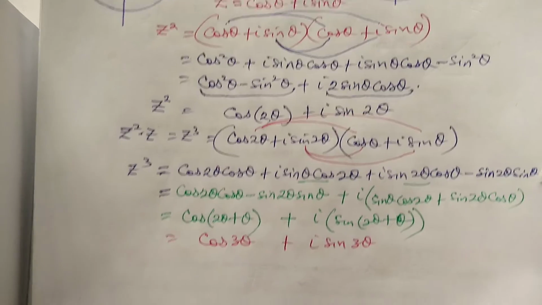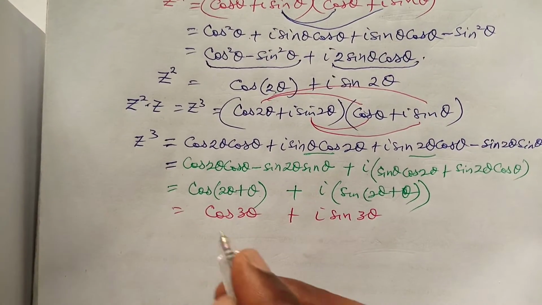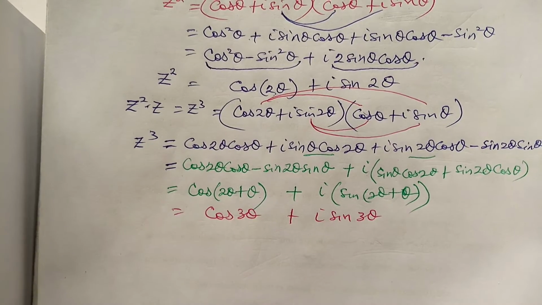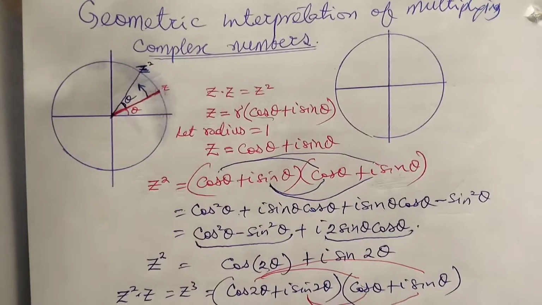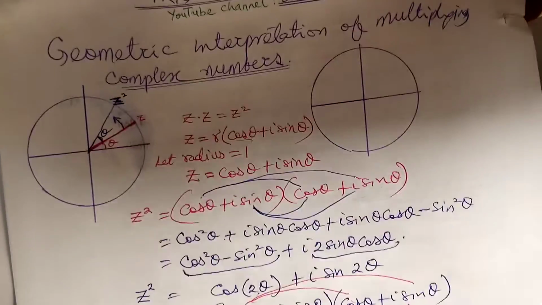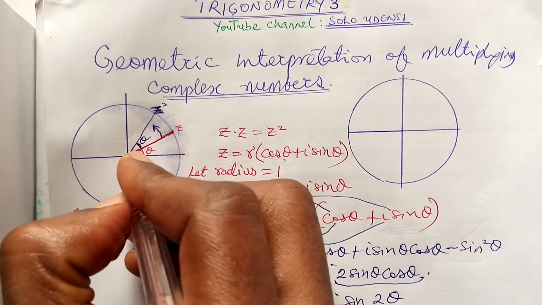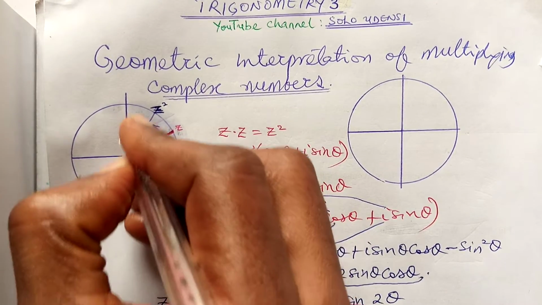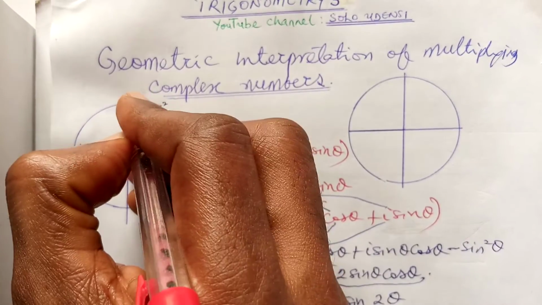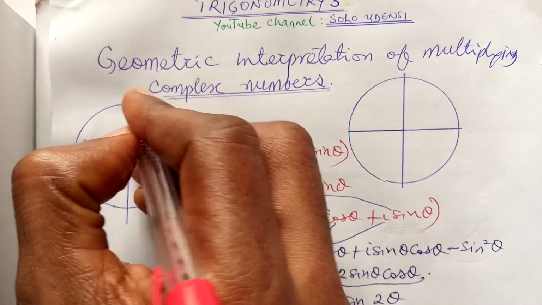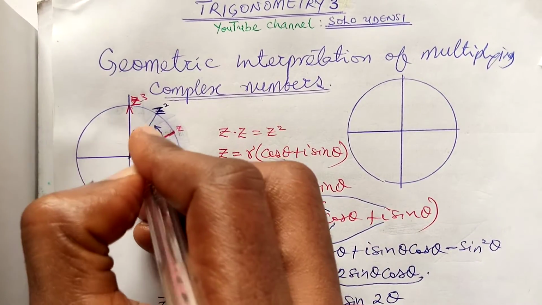So it means that the previous angle has been rotated by 3. Let's say 30 is here, now z cubed.